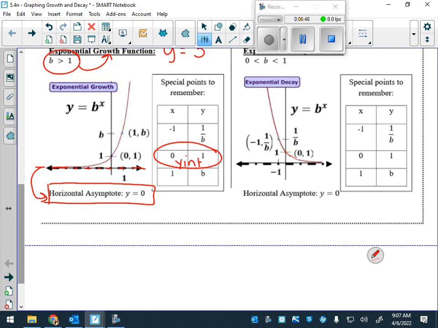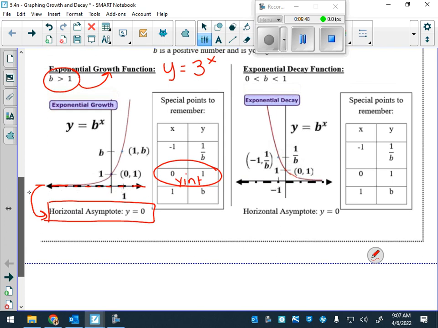Now, if you look at the one next to it, you have your exponential decay function. An example of exponential decay would be 1/3 to the x, meaning your b value is between 0 and 1.